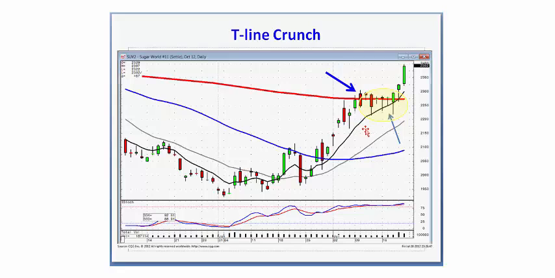So a lot of people, and I say a lot of people because I had this problem myself, I just kept thinking, I don't want to sell here and buy back here. Boy, would that be stupid if I bought back here and it turned right around again. Now I know, based upon the T-line and the signals, when to be out of a position, because at this point, we don't know whether it's going to reverse all the way back down to the 50 or below.